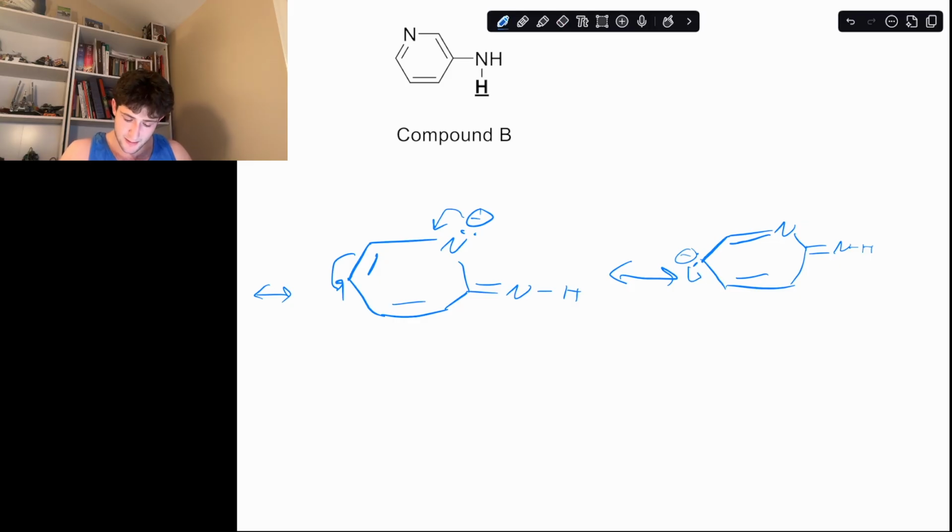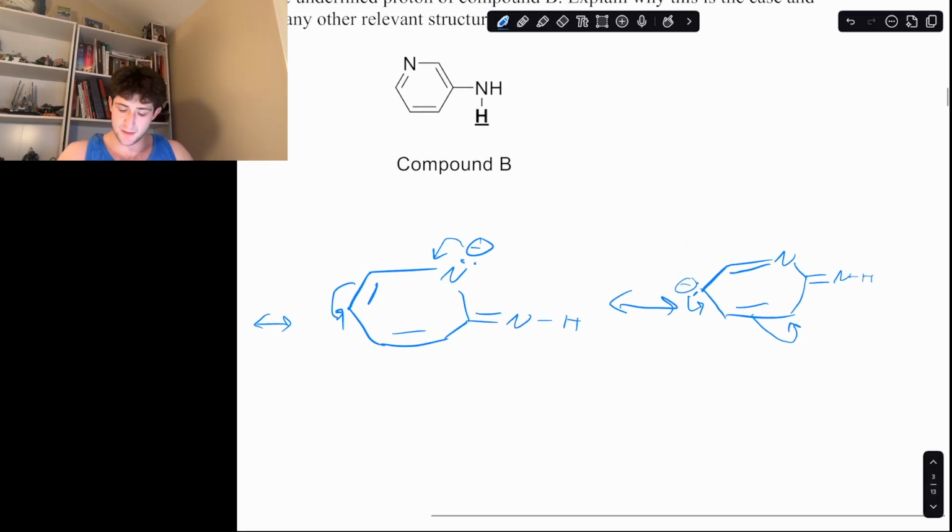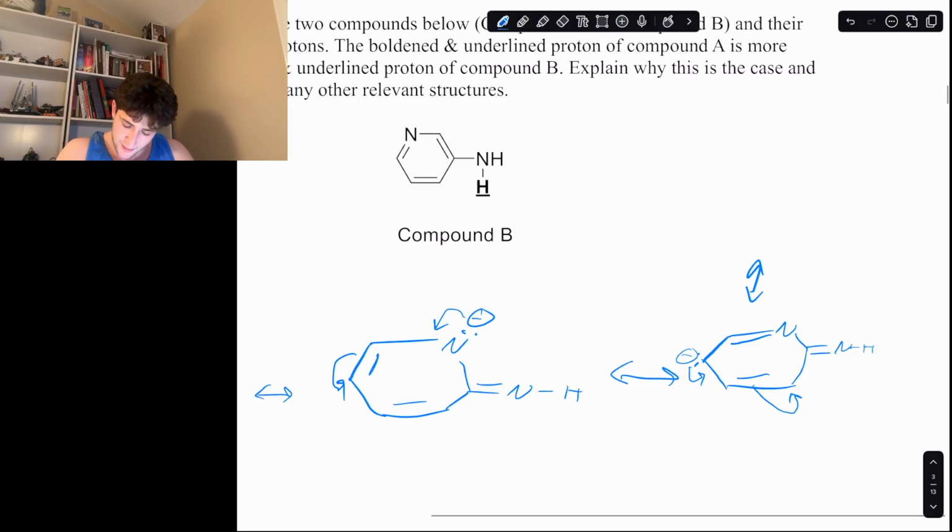Lone pair. Pi bond, lone pair. Then we get our last structure, which I'll draw up here because I ran into space.